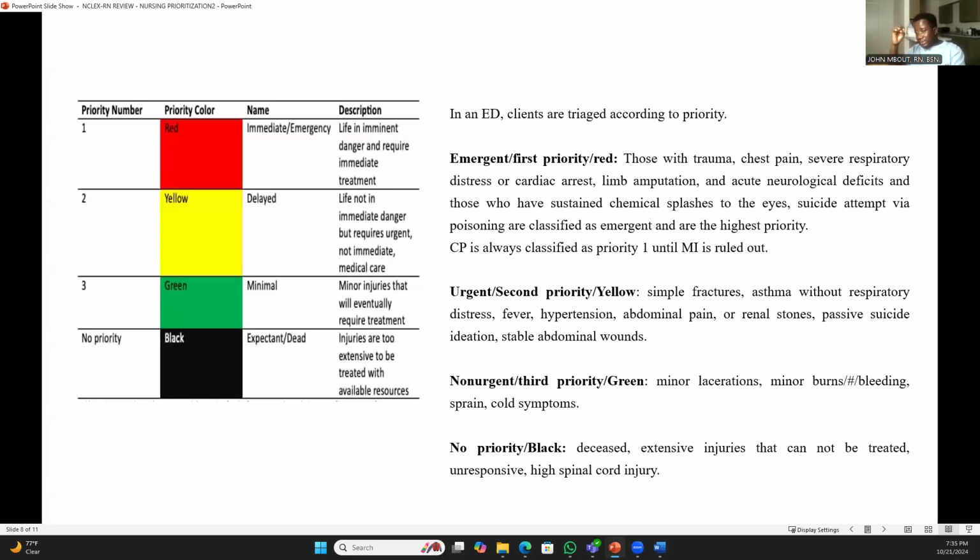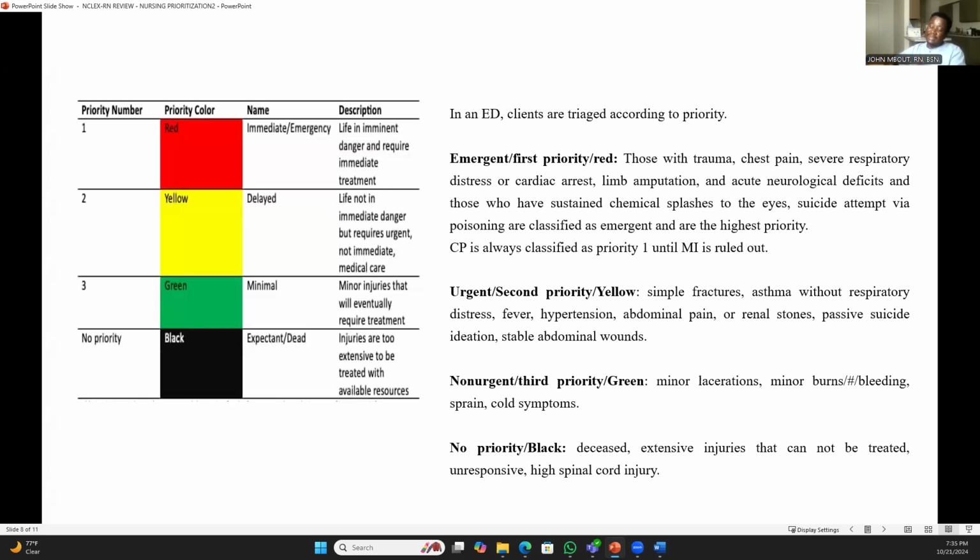The other level which you have to be careful with, when it comes to disaster conditions, is the last level. We call it no priority level. The color coded there is black. These conditions are either death, or they are in conditions that cannot be resuscitated.